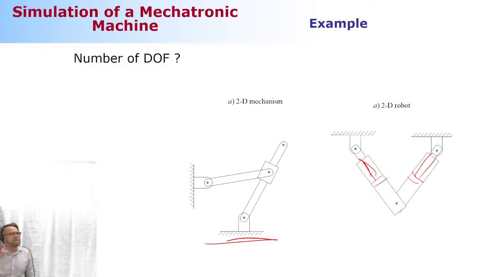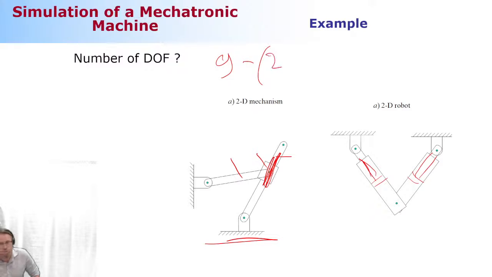How many moving bodies do I have here? Let's compute the number of moving bodies. You guys want to guess? How many? 3. Okay, 1, 2, 3. If I have 3 bodies, how many generalized coordinates do I need? Correct. That's going to be 9. Then the only thing we need to do is compute how many different kinds of joints I have. So I have 1 translational joint.